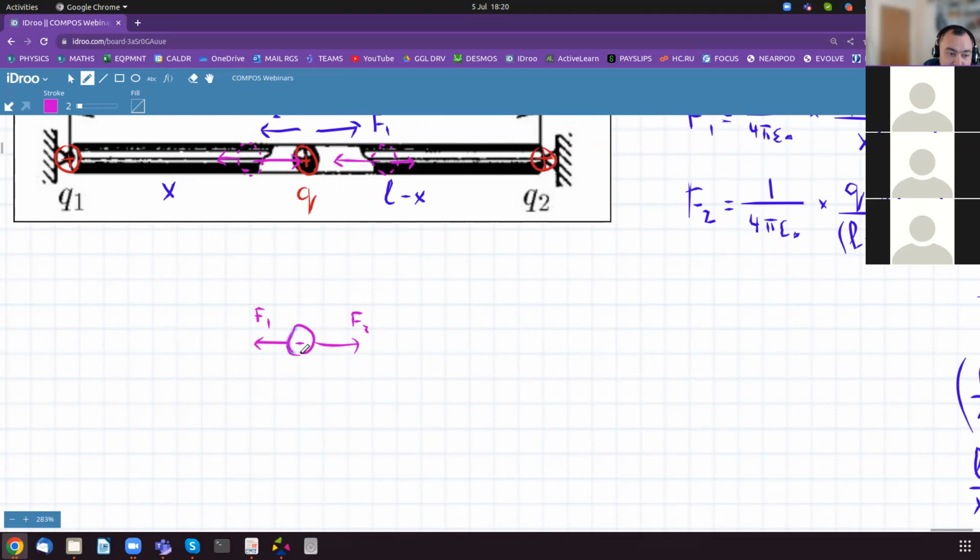So it's pulling to the left, and F2 is pulling to the right. And if you were to displace the ball to the left, the F1 force would increase because it's getting closer to Q1, and the F2 force would decrease. So therefore, it will keep moving to the left. So it would be in unstable equilibrium.